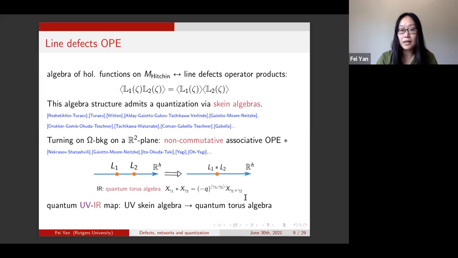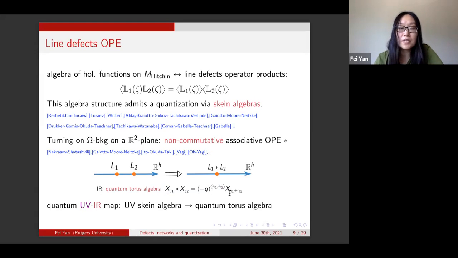If I bring them together, of course, I will get a line with charge gamma 1 plus gamma 2. However, before I bring them together, I would also have an electromagnetic field sourced by the two dyons with charges gamma 1 and gamma 2, and there is associated angular momentum. To take care of that part, I would need to add an extra q to the DSZ pairing between gamma 1 and gamma 2. So anyway, in the infrared, this kind of OPE is simpler to describe.